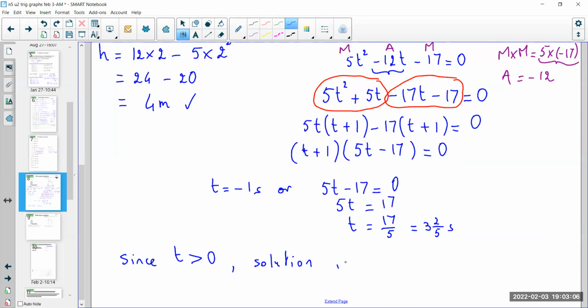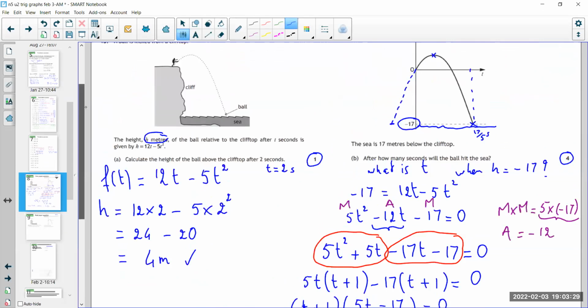Solution is t equals 17 over 5 seconds. You write this, you get your final mark. If you want to write it as 3.4 seconds, you can do that as well, but you don't have to. So this one is not a correct scenario.